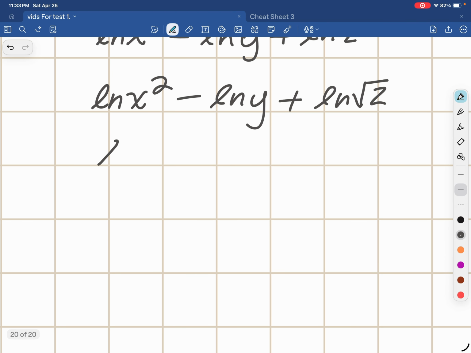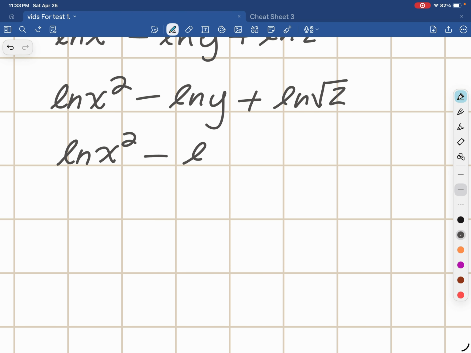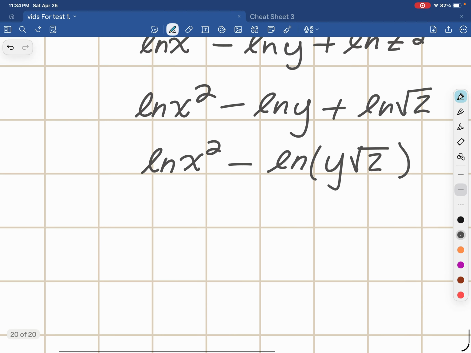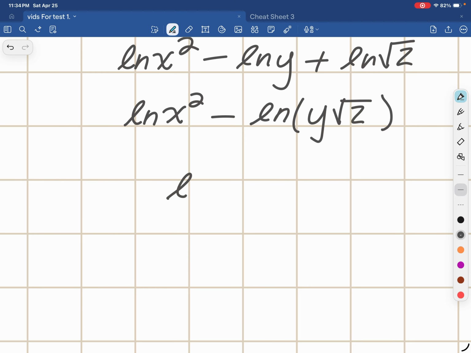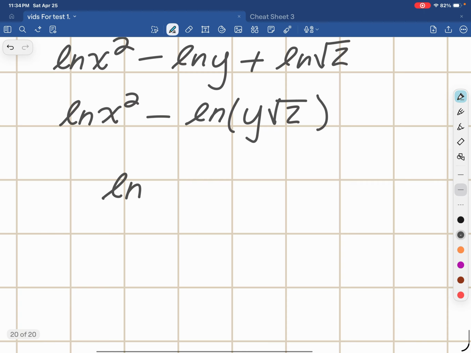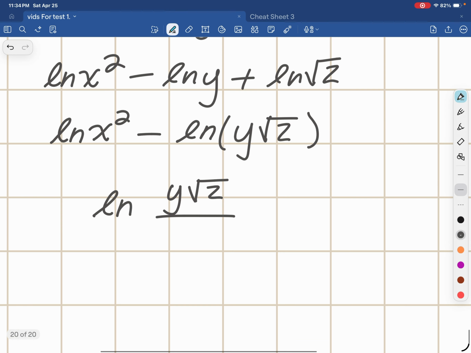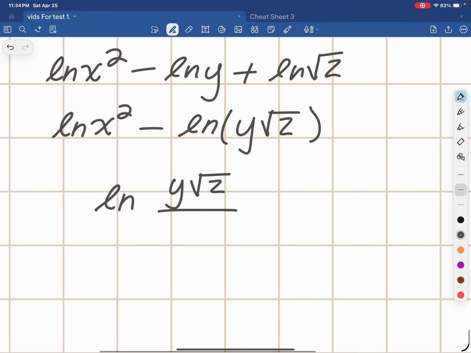So we should do ln of x squared minus ln of y times root z. And then what do we see here? We see a negative, so we can write this as ln of x squared over y root z.